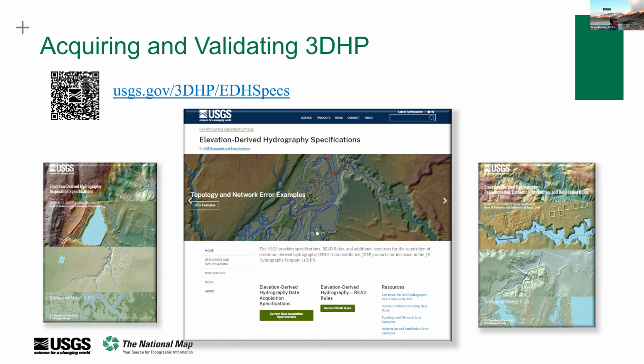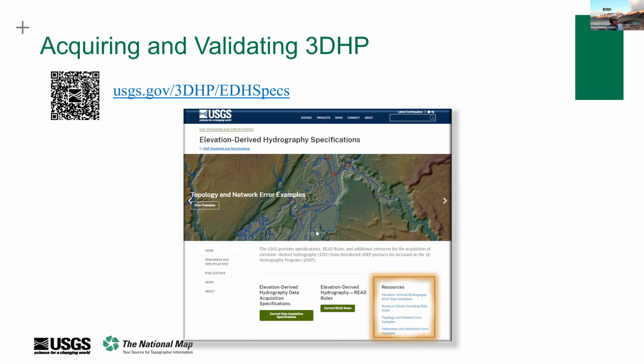You can see some of the products or publications on the left and right there, the rules and the elevation-derived hydro acquisition specs. We have resources here to click on. You can see the resource library.